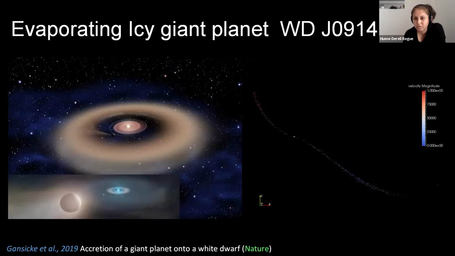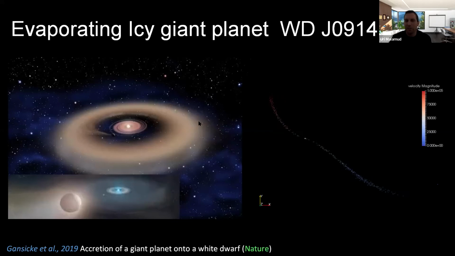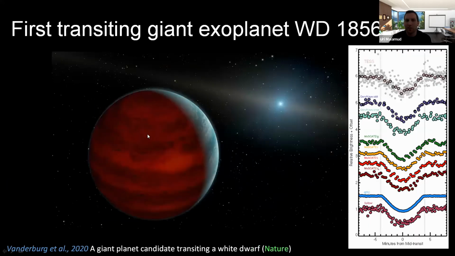Was it in the system of the white dwarf and stayed outside, or is it a giant planet from another system? In their paper, how do they assume that it survives and perturbs and affects the white dwarf? Okay, if I understand your question, are you referring to this study or this study? Yes, this one.